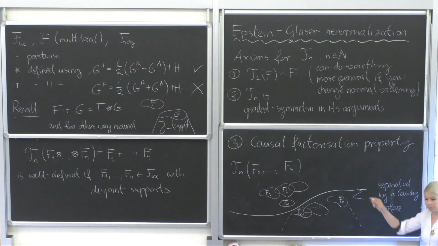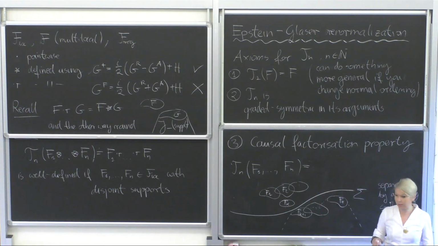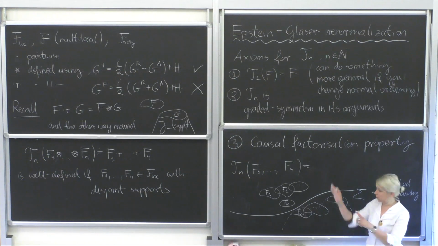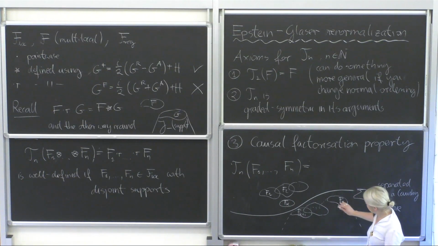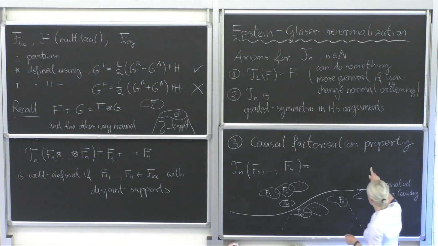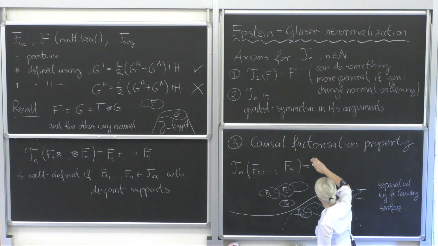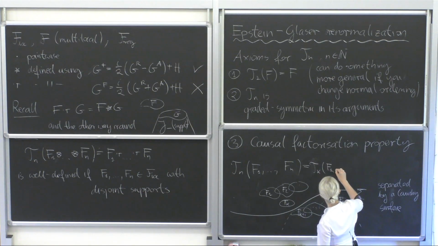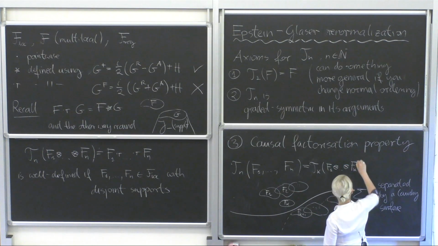Okay, so if I have such a configuration, then this product is supposed to factorize. This is the property I'm asking for. I want to replace the product between this bunch and that bunch with the star. So these guys come first. So I have here T_k of f_1 to f_k, okay?